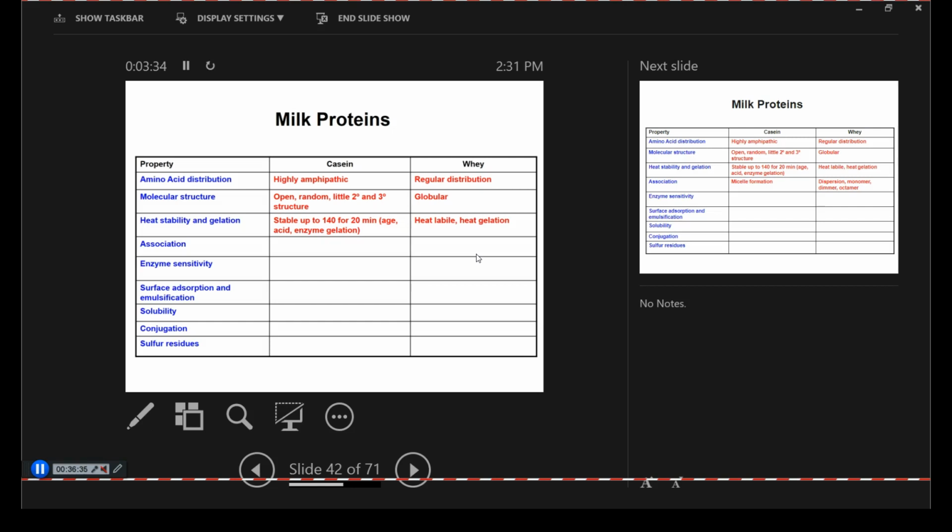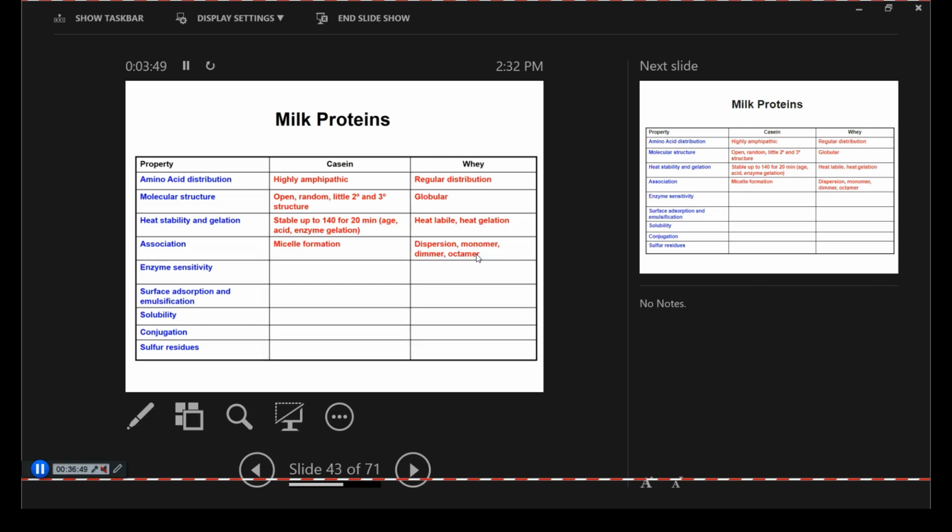All right, in terms of association, what's the difference? Casein is in micelles and whey is naturally in octamers. So they could be octamers, but in casein you have the micelle formation with the alpha S1, S2, kappa casein and beta casein.